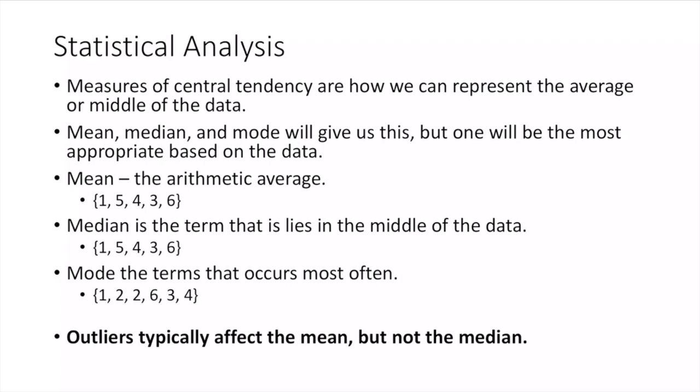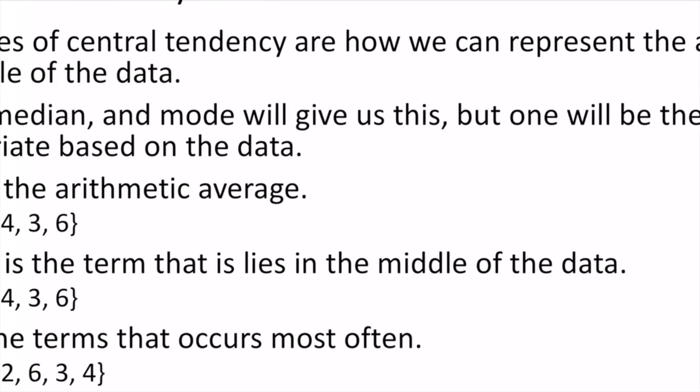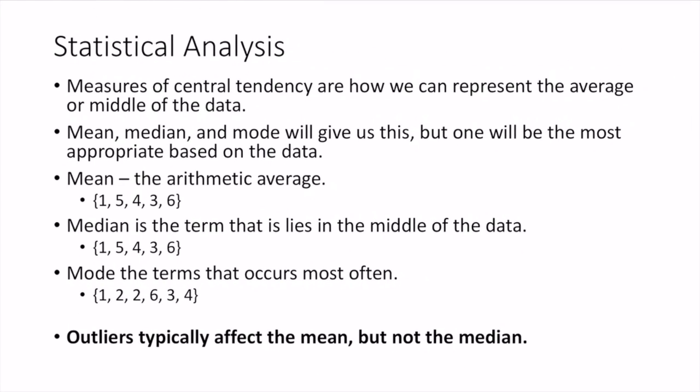So mean is just the average. If I have these numbers 1, 5, 4, 3, and 6, the mean here would be the total divided by the number of items I have.